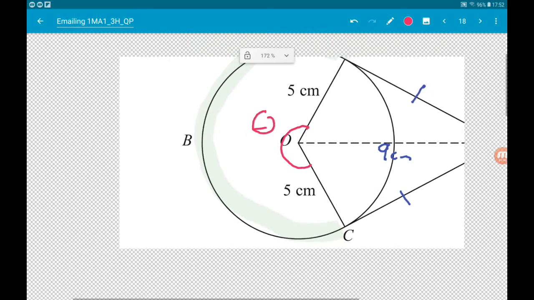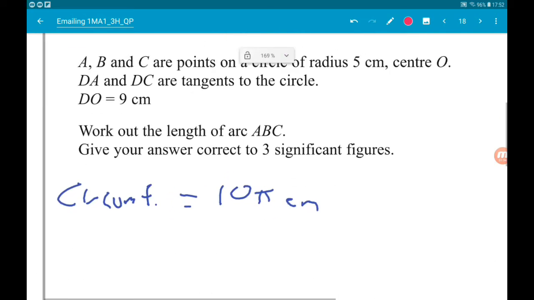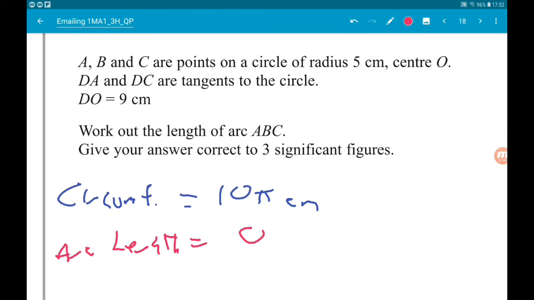So the arc length is whatever we find theta to be over 360 times the circumference, so times 10 pi.